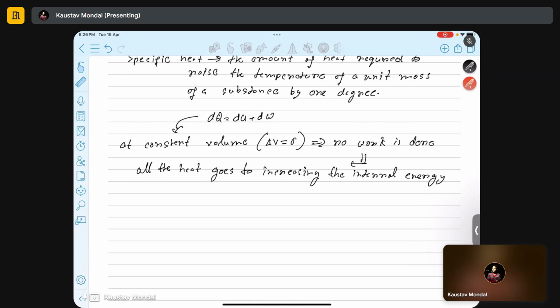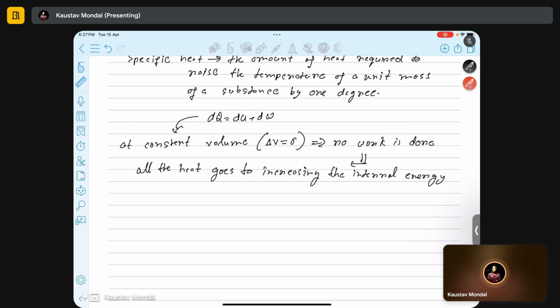So at constant volume the dW term becomes 0, so dQ equal to dU, which means whatever heat you are supplying into the system, the whole heat helps to increase the internal energy of the system.